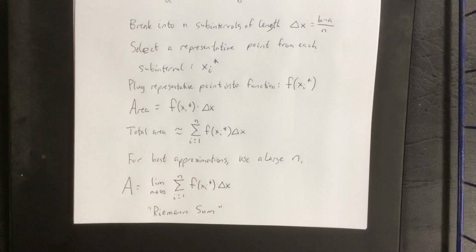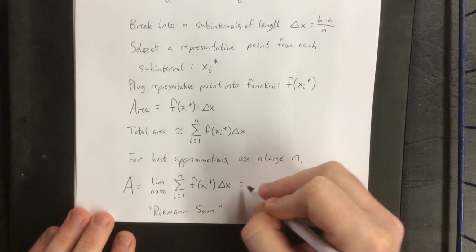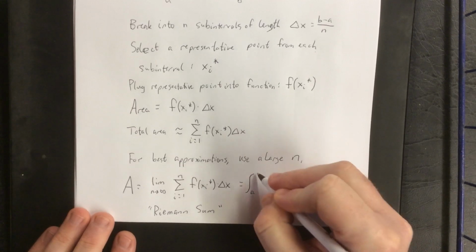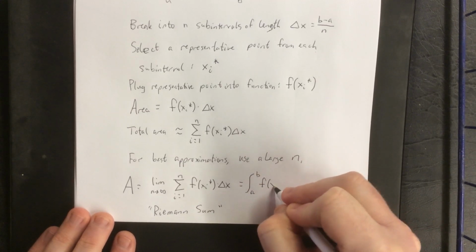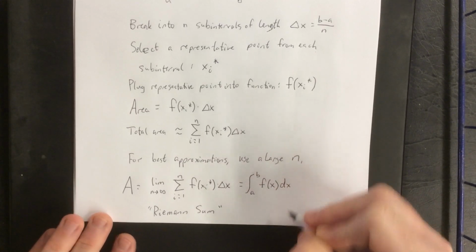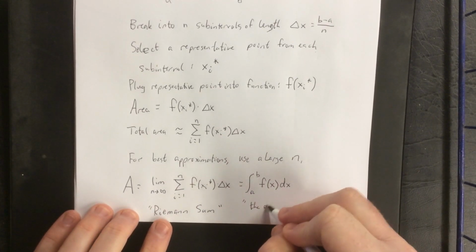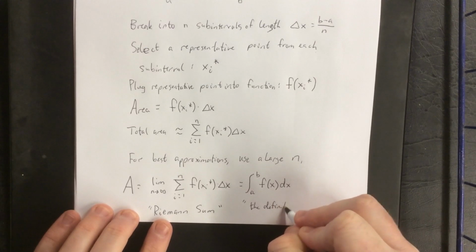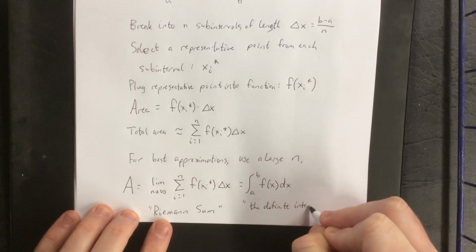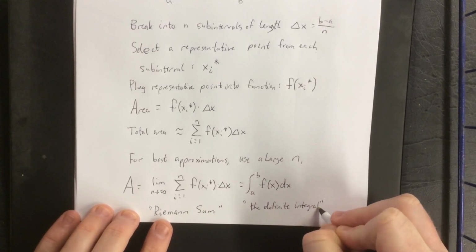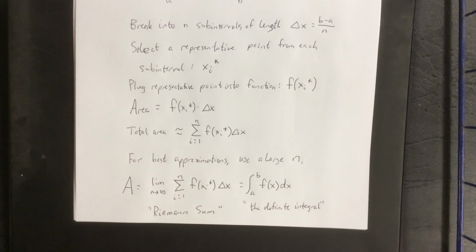Now the notation that gets used for this in integral calculus is known as the definite integral of a function. Over the course of the next couple sections, we're going to talk about how to evaluate a definite integral. This symbol that looks kind of like an elongated S is known as the integral symbol.